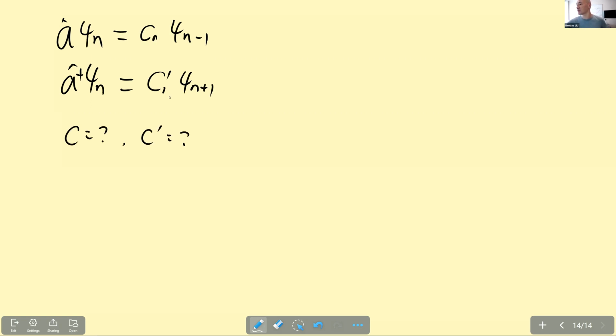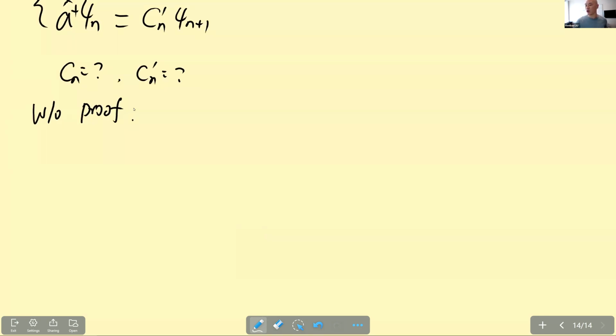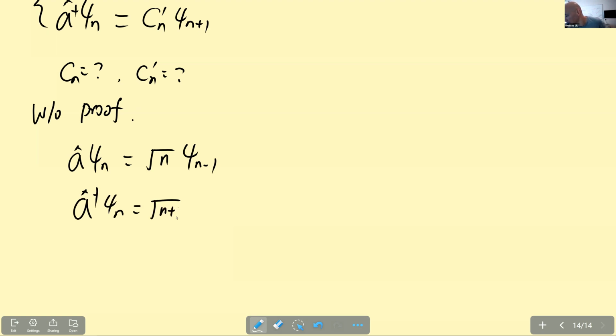This could depend on m, right? I will not prove it right here. Without proof, it's not difficult, later. But at this point, I don't want to involve too much of this algebra. But the result is that a acting on |m⟩ equals √m |m−1⟩, and a†|m⟩ equals √(m+1) |m+1⟩, okay?